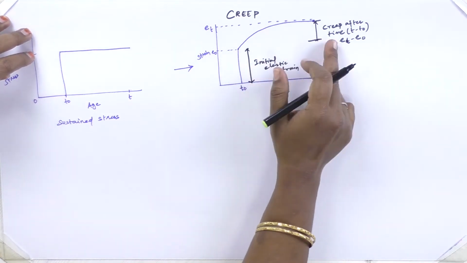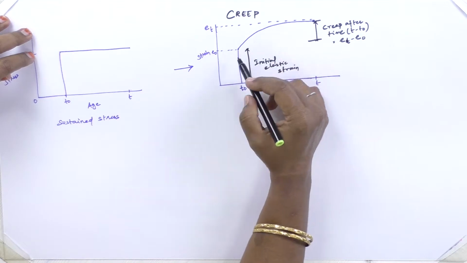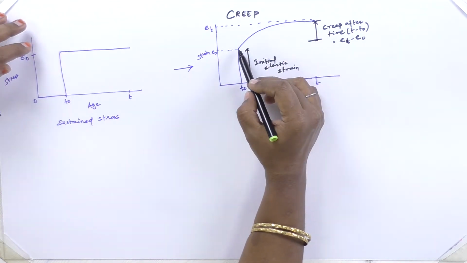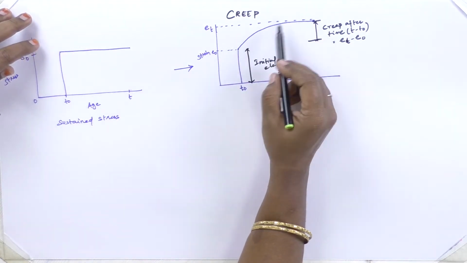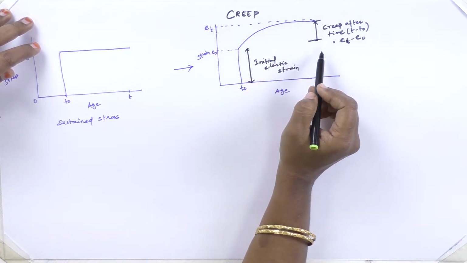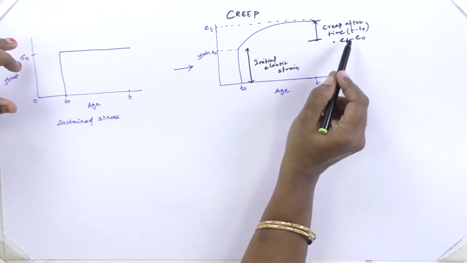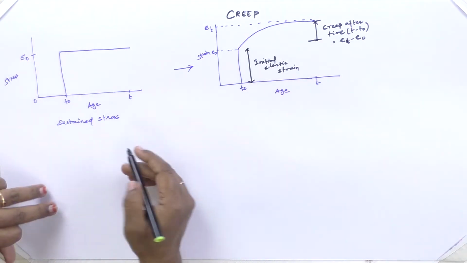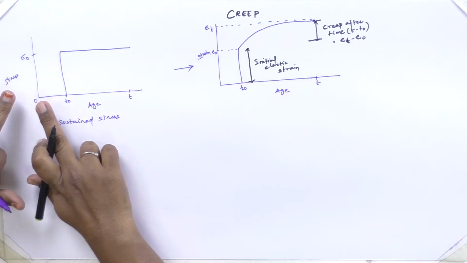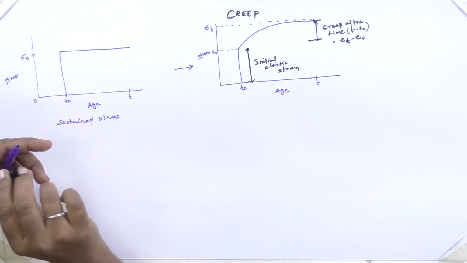Here we can find two components. One is the initial elastic strain, and another is the creep, and with respect to time there is an asymptotic curve, and the difference between these two is termed as creep. Now I am plotting this stress and strain in the same graph.